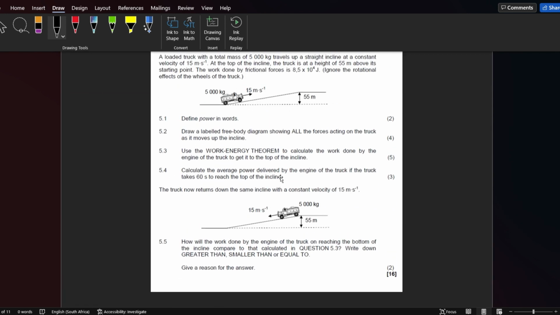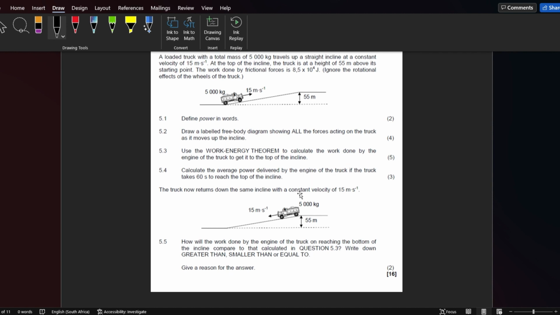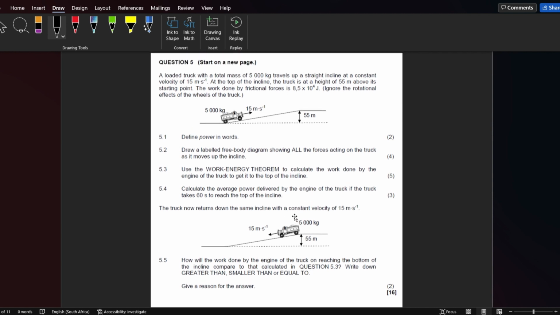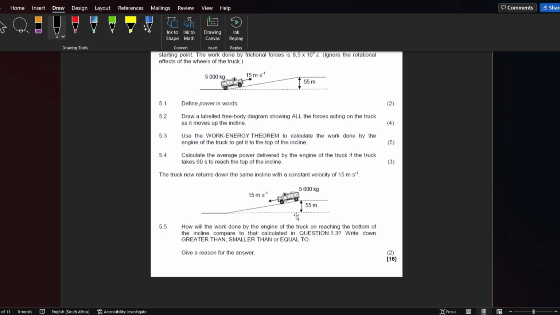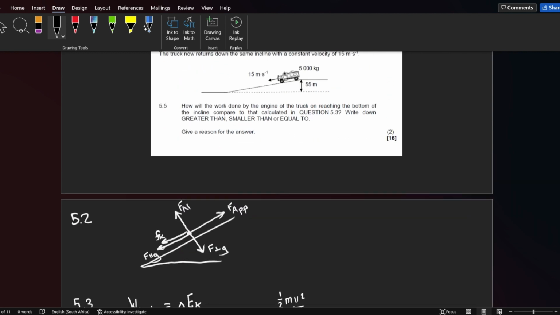Alright, so overall not too bad. The truck now returns down the same incline with a constant velocity of 15 meters per second. So now we have the same forces acting on the truck. Instead, this time the truck is moving down the incline instead of up, which means the applied force now is acting down instead of up. The only force acting upwards will be the force of friction.